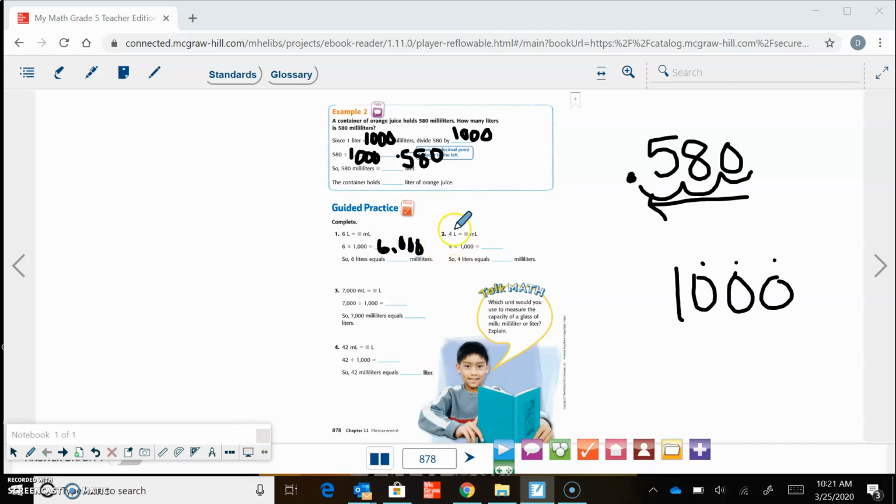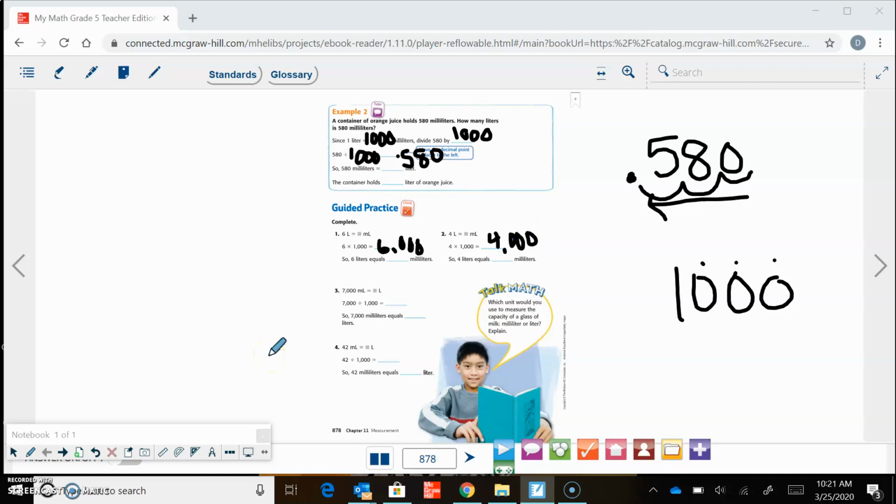Okay? 4 liters is how many milliliters? Liter to milliliter. So we're going horse to fly, we're multiplying again. So 4 times 1,000 is 4,000.